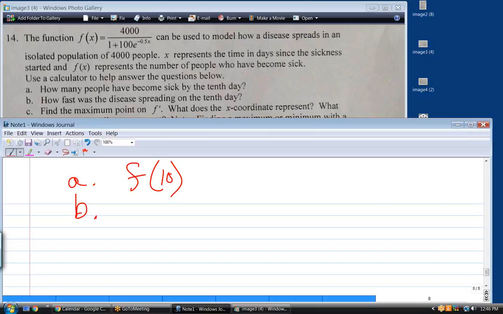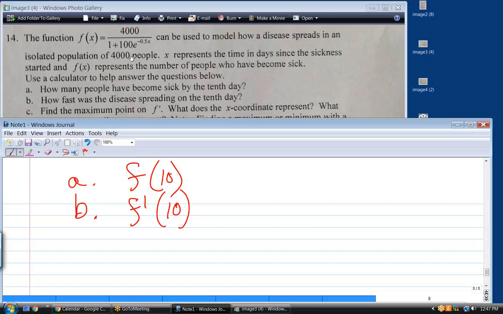When you say how fast, think of how fast a car is going. That's its rate of speed, its velocity, and that's always first derivative. So when we're looking for how fast something was spreading, we're looking for f prime of 10. In other words, we have to take the derivative of that function and evaluate what its rate of change was when x was 10.